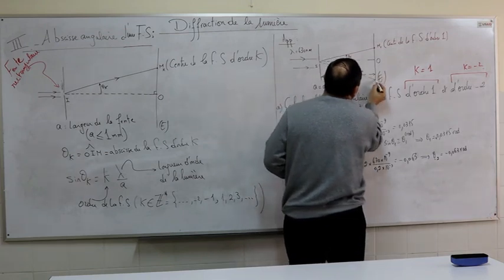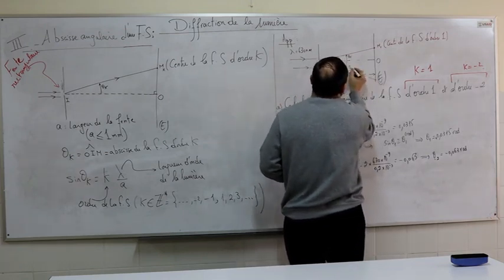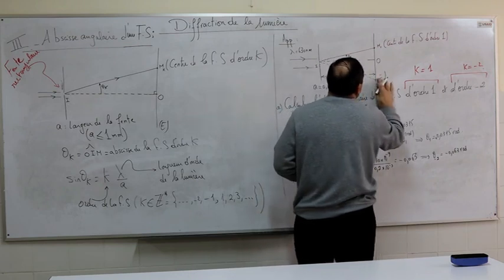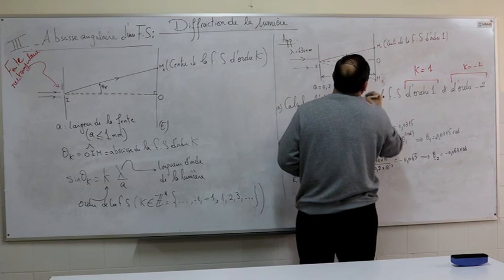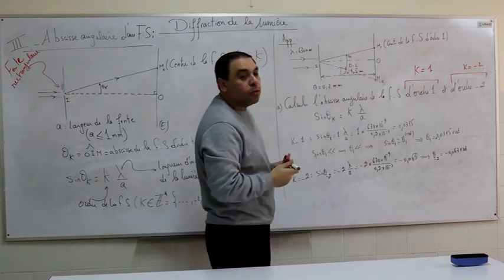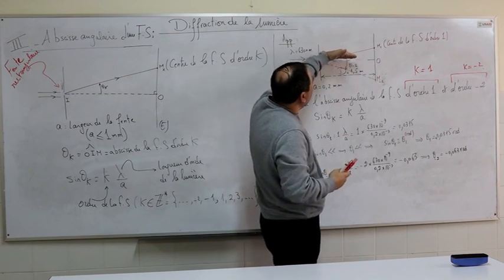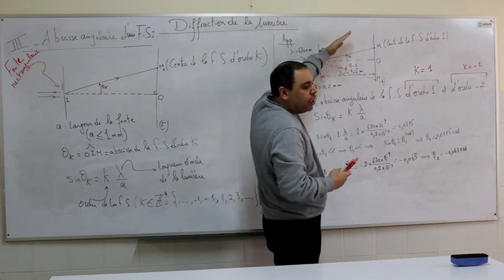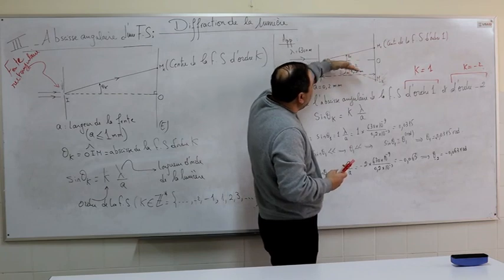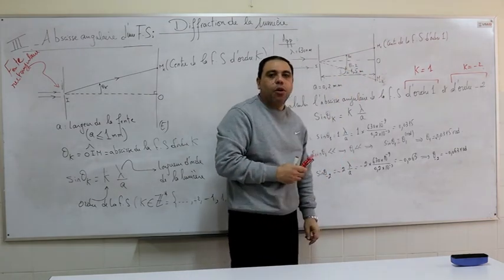And theta negative 2, here it is, the angular abscissa of the center of the dark fringe of order negative 2. So this side corresponds to the positive values of theta, while the other one corresponds to the negative values of theta.